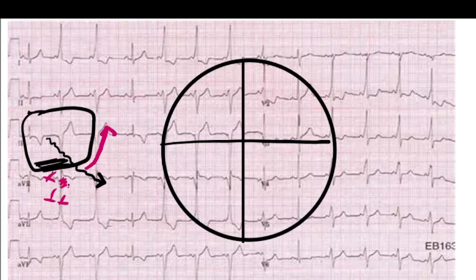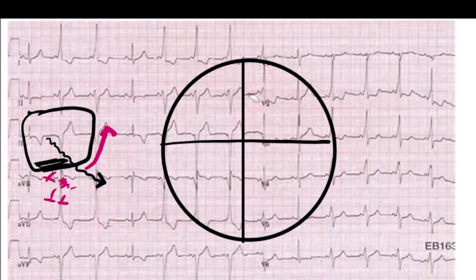Since this area is not active, no depolarization, the net current will move a little away from the inferior side, so it will go a little up. Which axis is it? It's going to lie here. So inferior wall MI will cause left axis deviation.